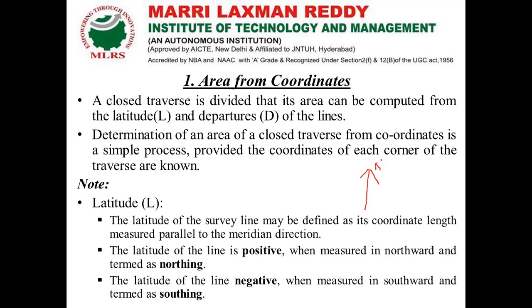If the line is measured along the north-south direction, then the line or coordinate is called latitude. If the latitude of the line is positive and measured northward, it is said to be northing. Similarly, if the latitude is measured southward, it is negative and is denoted as southing.